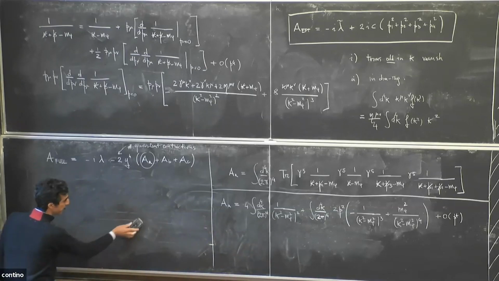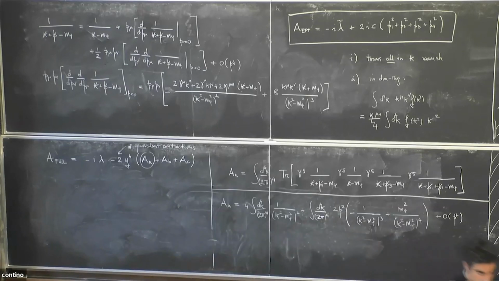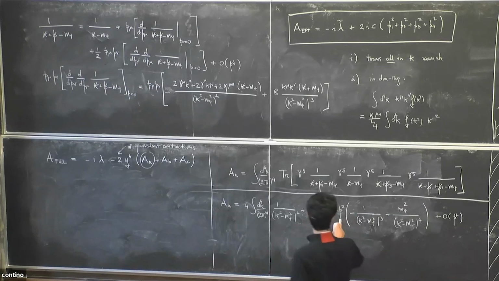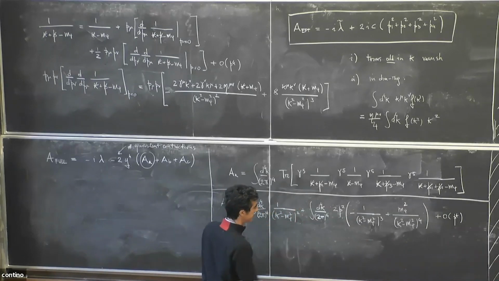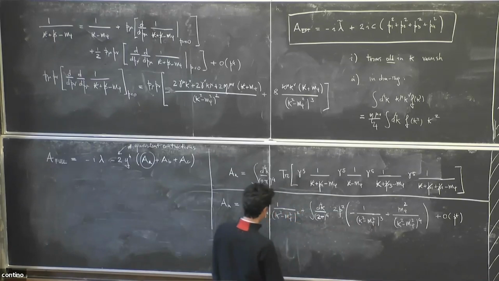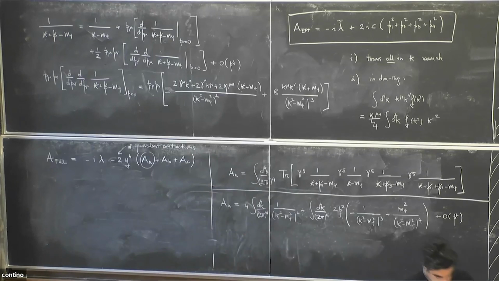So at this point, you need to compute these integrals in dim-reg. Okay? And now, of course, the term which is proportional to p squared by simple inspection is a finite integral. But the first one is log divergent. Okay? So you need to resort to dimensional regularization.